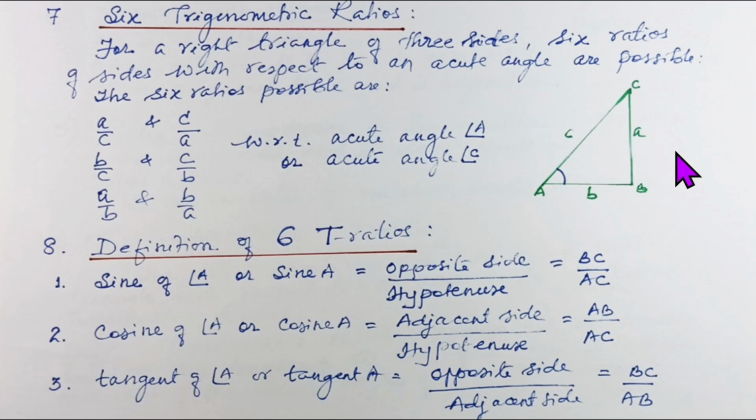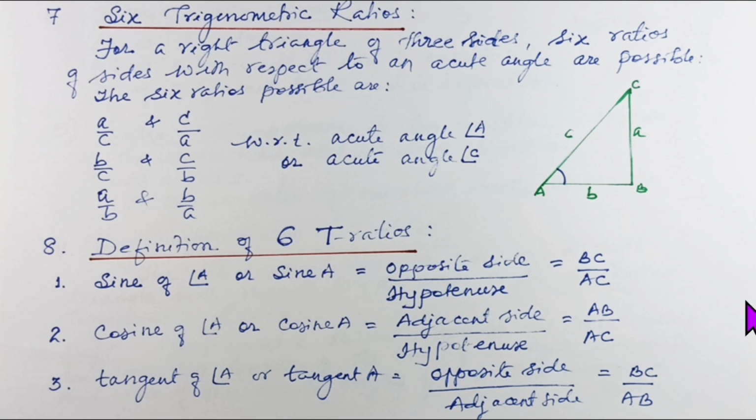Therefore, in a right angle triangle, because we have 3 sides, 6 ratios are possible with respect to any acute angle, whether it's acute angle A or acute angle C. Remember that.